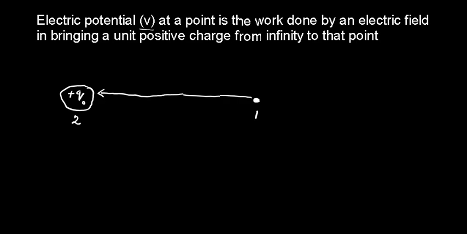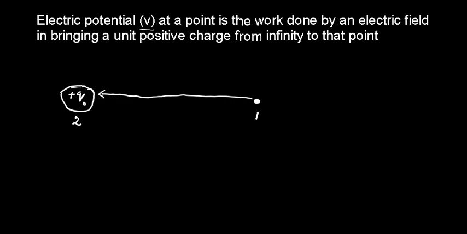Let's assume we have this positive test charge here. It is at position 2, and we brought it from position 1. Look at the direction of the arrow. It shows that this test charge in position 2 was moved slowly from position 1 to position 2.